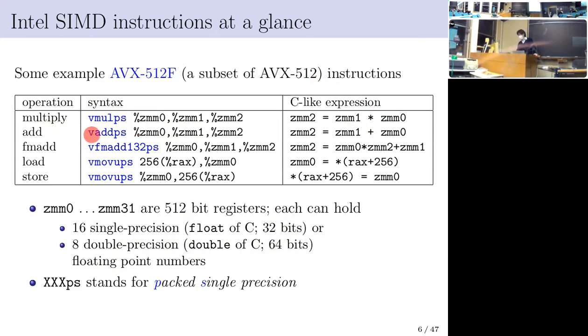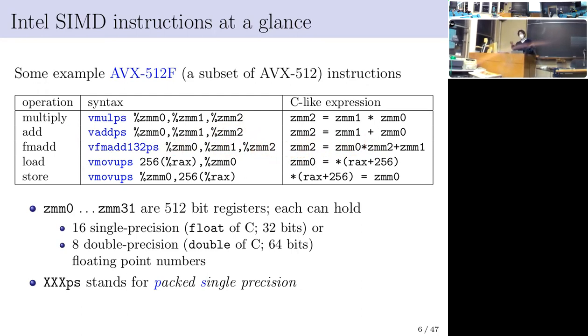Similarly, this is an add operation. And this is the fused multiply and add operation, which is important when you talk about peak performance. To be precise, this multiplies these 2 numbers, at ZMM0 and ZMM2, adds the other, and puts the result into ZMM2.